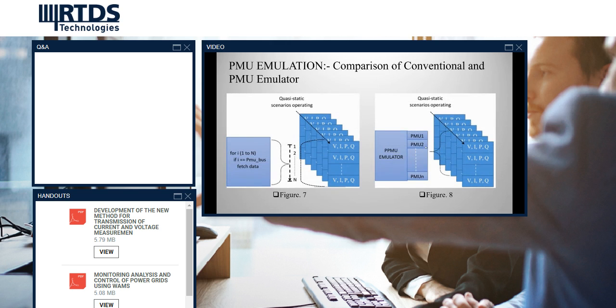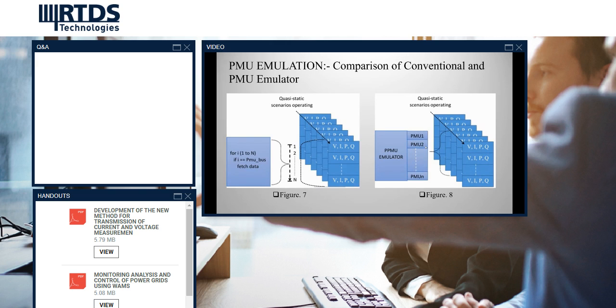Here we have shown two methods through which the PMU emulator could be implemented. One is the conventional method whereby we can use a for loop and archive the information if the node or the bus is a PMU bus and fetch the data. This is a time consuming process.